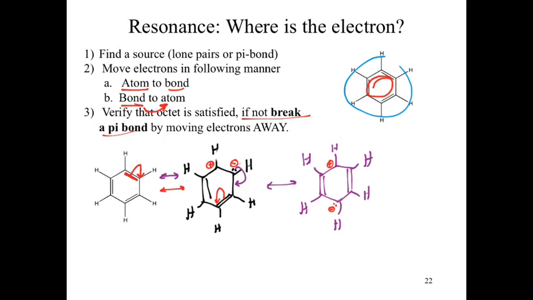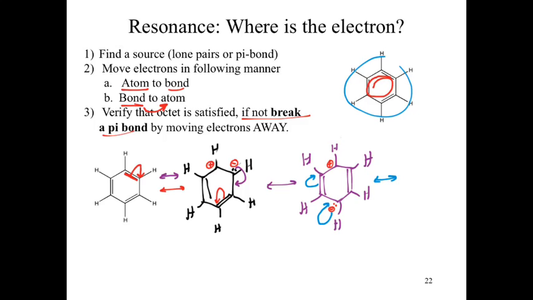We can go through and attempt to move this again. And what you may have noticed in this process is that I went from atom to bond, and then I went from bond to atom, and now what we're going to do is another attempt here. We're going to go from atom to bond again, but just like we did before, we're going to run into an issue.